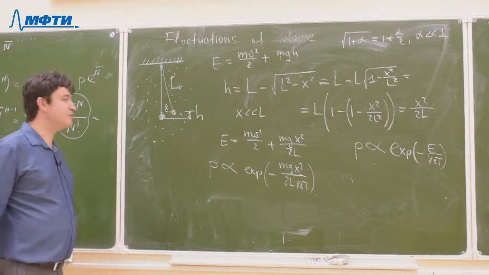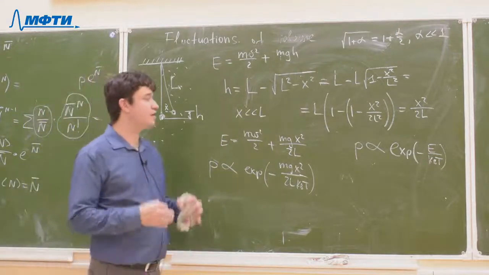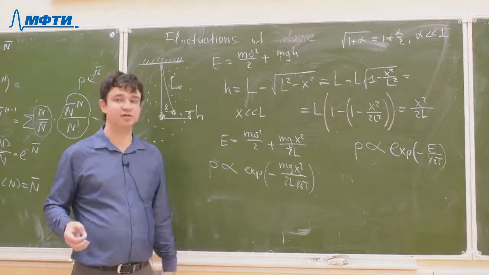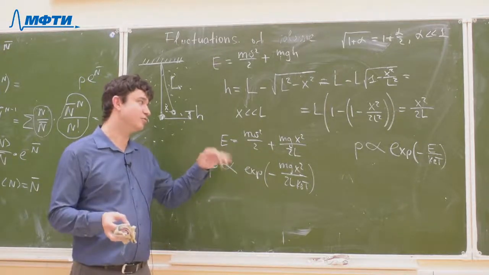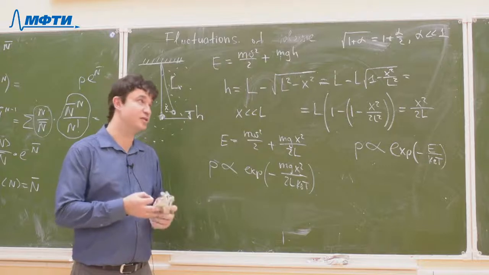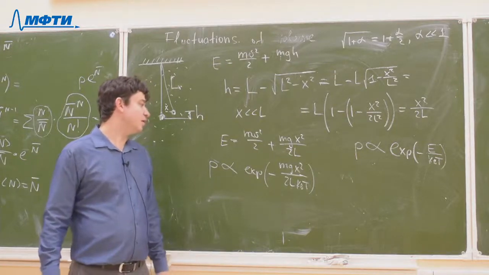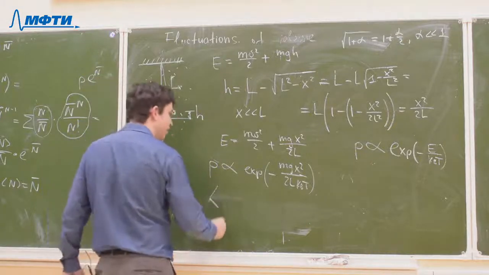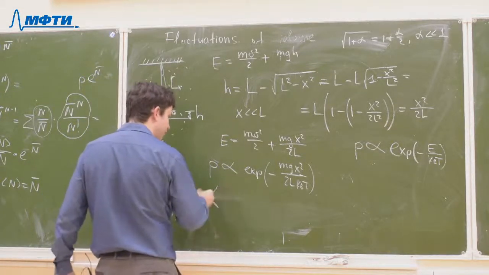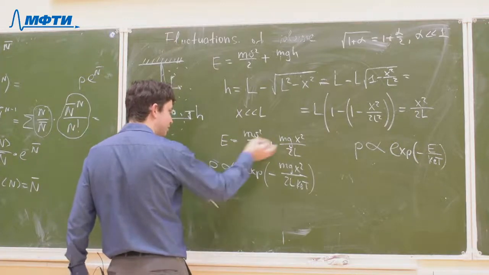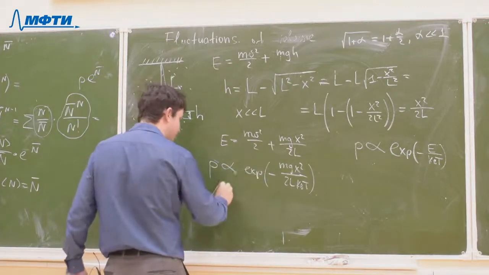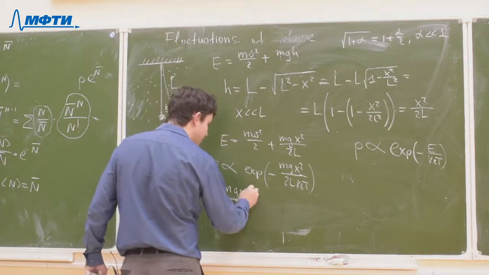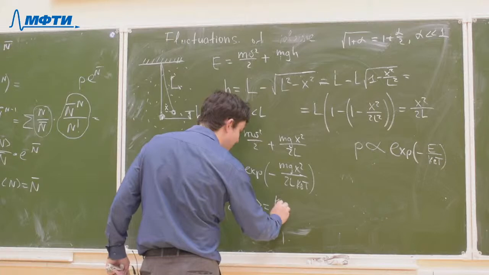And as I have said previously, when we have any kind of an energy term which is quadratic with respect to either the velocity or the displacement or the coordinate, that means that according to the equipartition theorem, the average energy associated with this motion, so here the average of mg x squared over 2L, should be equal to kBT over 2.